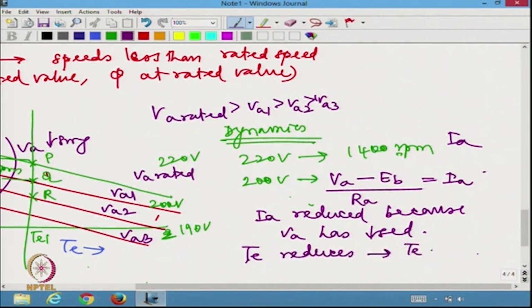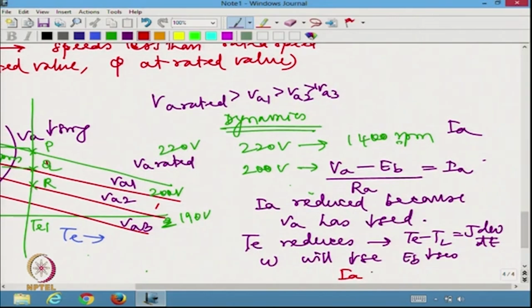So, TE minus TL, which is J d omega by dt, so omega will decrease. Because omega decreases, EB decreases. So, IA will be restored to its original value.